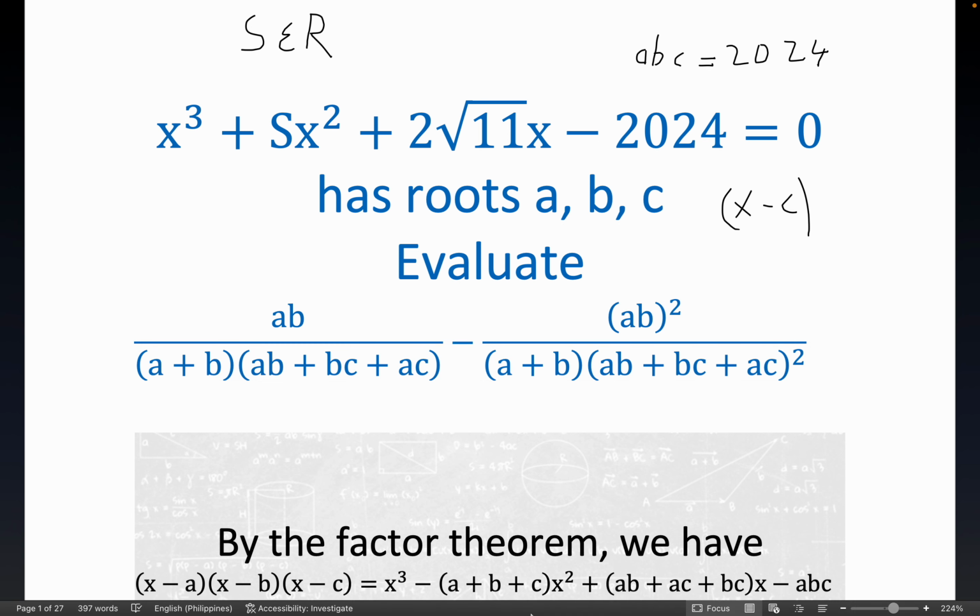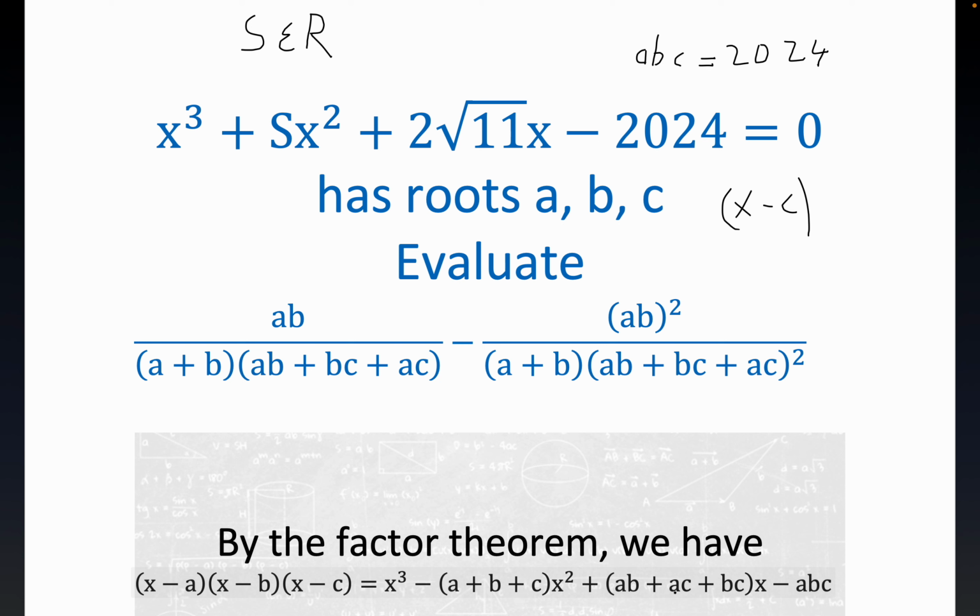Also, the coefficient of x is the sum of the pairwise products of the zeros, so you can see that 2 root 11 is directly equal to ab plus ac plus bc. And that's just by inspection, folks.